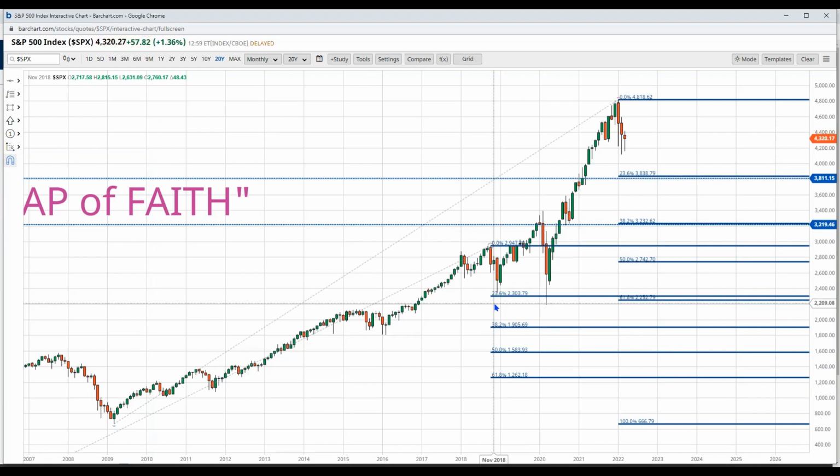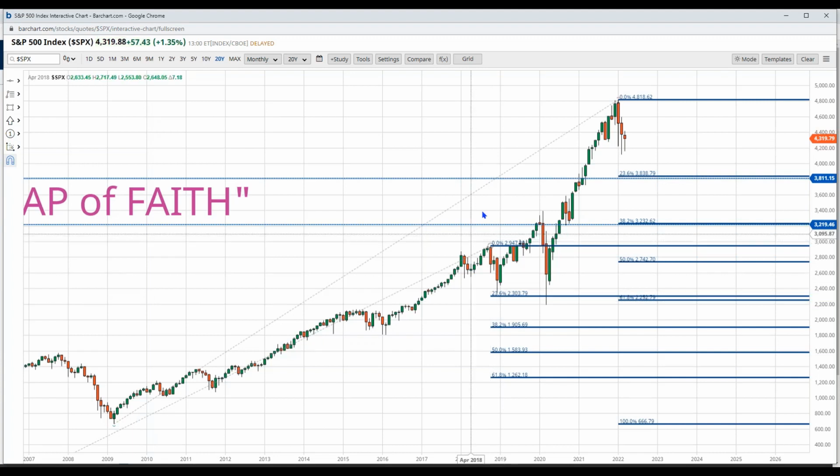So let's talk about that in terms of bulls and bears and uptrends and downtrends. Now, from my experience, what you will notice is that bull markets tend to have shallower retracements.